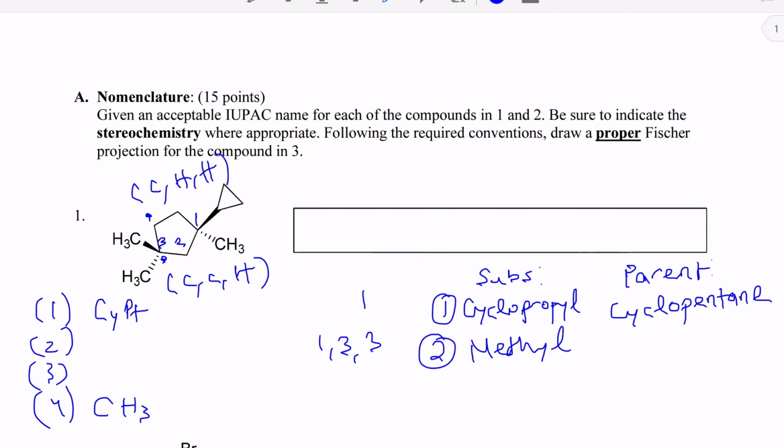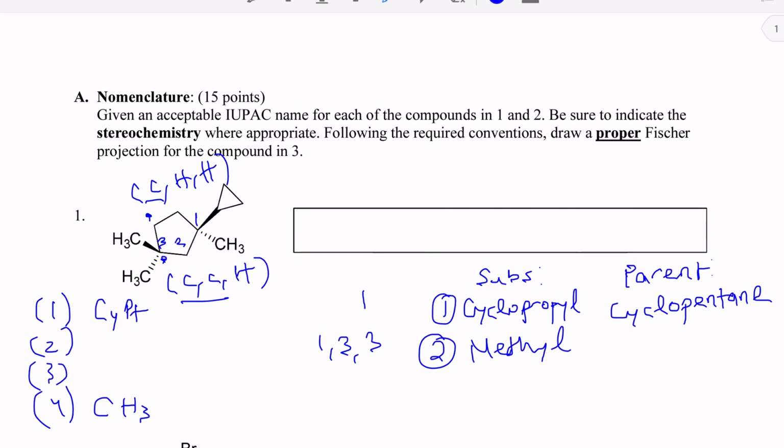For the carbon at the bottom, there are 2 carbons here, but only 1 carbon at the top. So what this means is that the carbon that is attached to those 2 methyl groups has a higher priority than the carbon that it's directly attached to in the cyclopentyl ring.